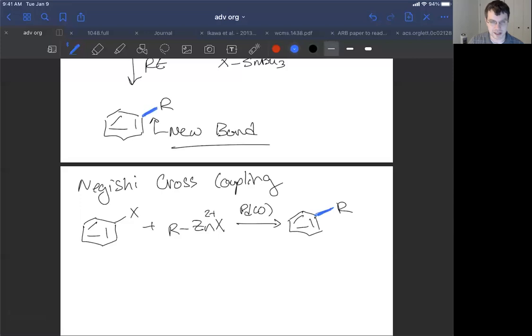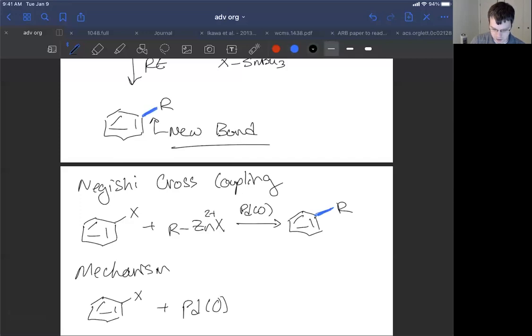But this would work on any sort of sp2 hybridized organohalide, and really a lot of sp hybridized ones as well. So here's the mechanism, just to emphasize the point. For this reaction, we're going to first do oxidative addition, where the palladium climbs in between the carbon and the halogen bond. That's going to convert our palladium 0 complex into a palladium 2 complex.